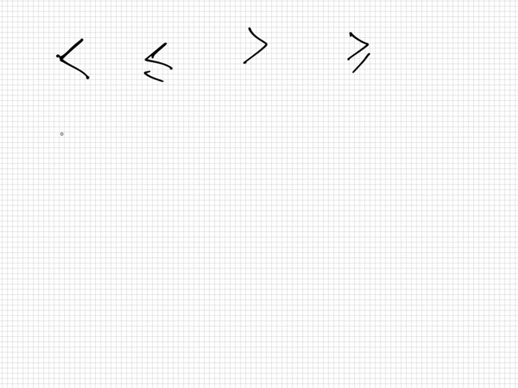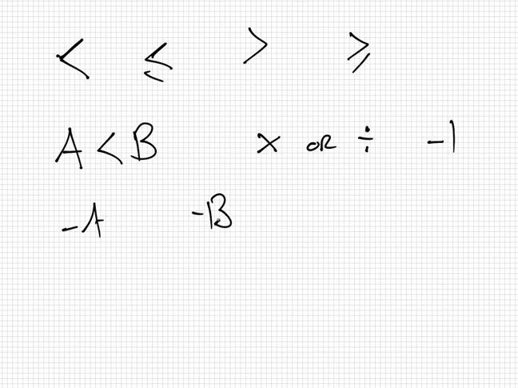They all have the same algebra rules except for one. If I have something like a less than b, and I multiply or divide both sides by a negative number, making it minus a and minus b, the only extra rule is that the sign gets flipped around.